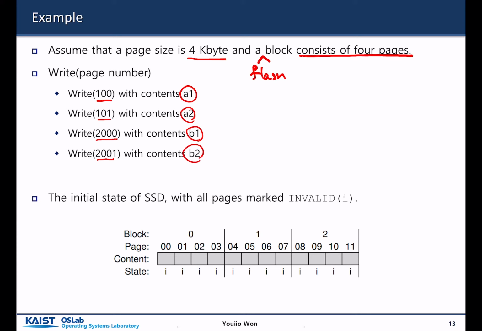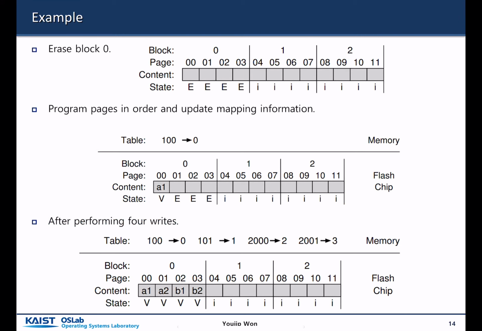The initial state of the SSD has all pages marked invalid. So this is initialized, basically empty. At the first phase, we erase the block, and then block 0 is now writable.